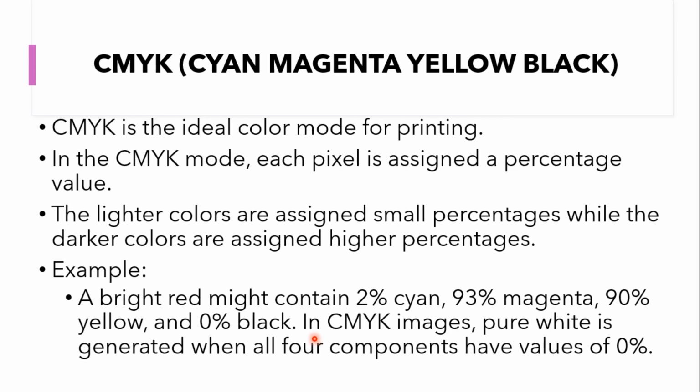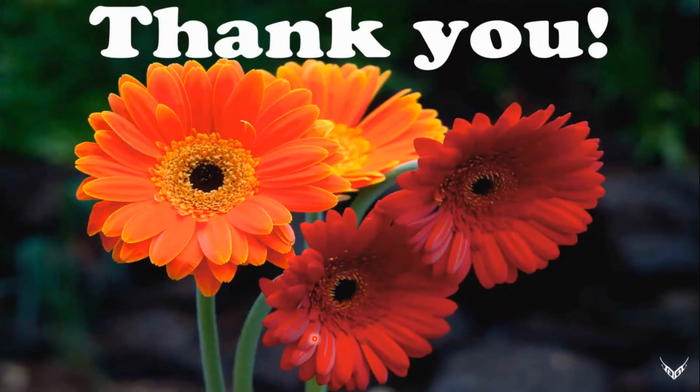Remember that RGB is the best and default color mode for screens, like your electronic billboards, your websites, your phones, your TV screens, anything that will have to appear on screen.